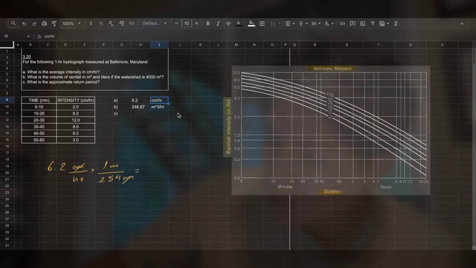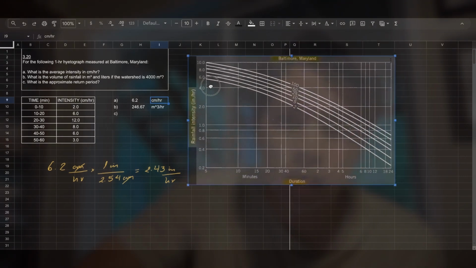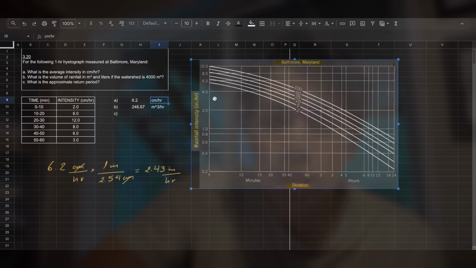So centimeters cancel, and we're going to get about 2.43 inches per hour. The reason we're doing this is because to find the return period, we're going to need the rainfall intensity and the duration. But the rainfall intensity for this graph is in inches, so the centimeters won't work for us. So that's why we do that conversion.